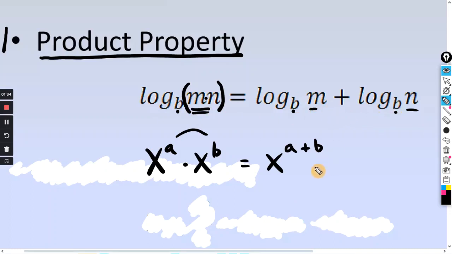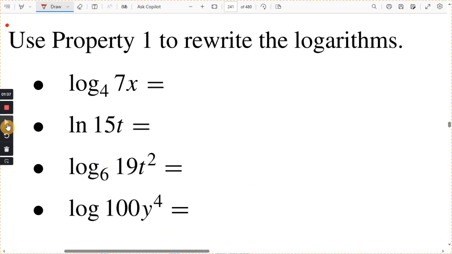So let's look at some examples. All right, it says use property 1 to rewrite the logarithms. Here we have log base 4 of 7 times x. Okay, 7x is the same as 7 times x. So we're going to break this up.